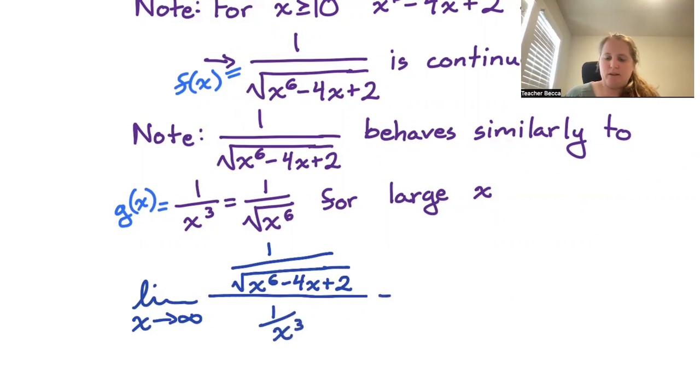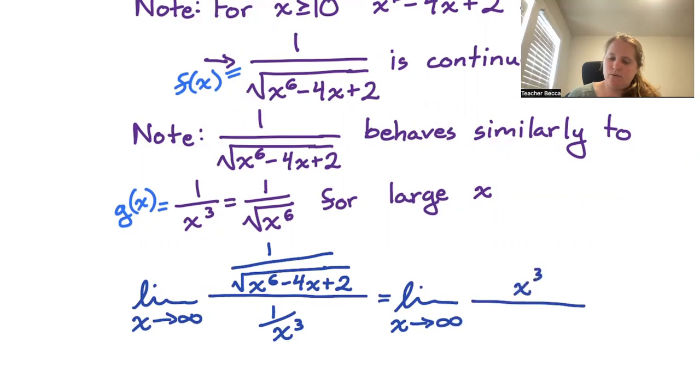This is the same thing as just the limit as x goes to infinity of x cubed over the square root of x to the 6th minus 4x plus 2.